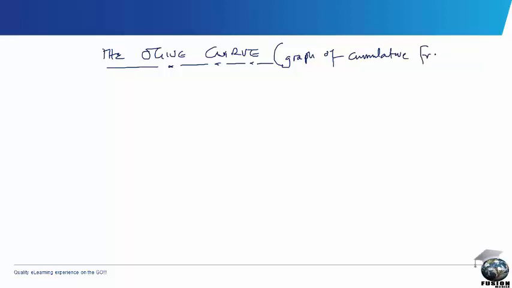In this graph we plot the cumulative frequency against the class boundaries. The OGIF curve can be used to estimate or determine the various quartiles of a graph.